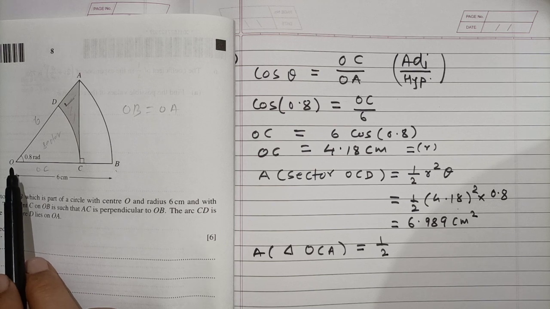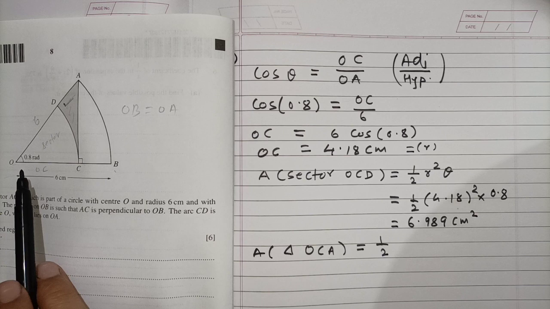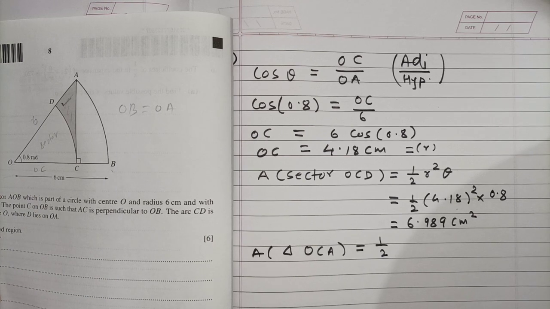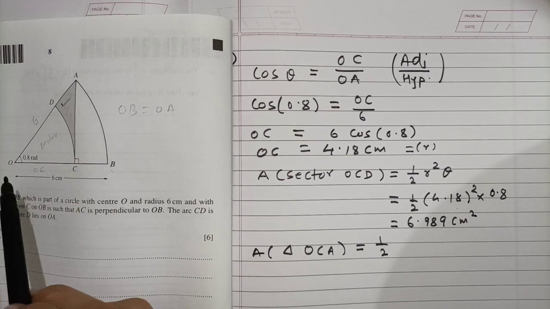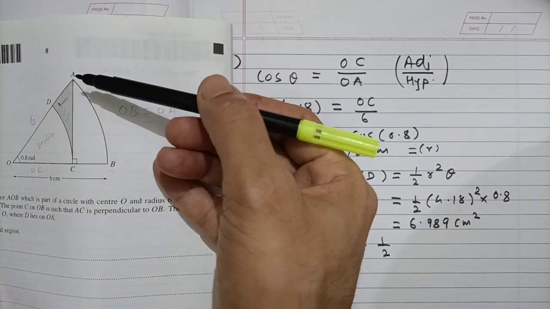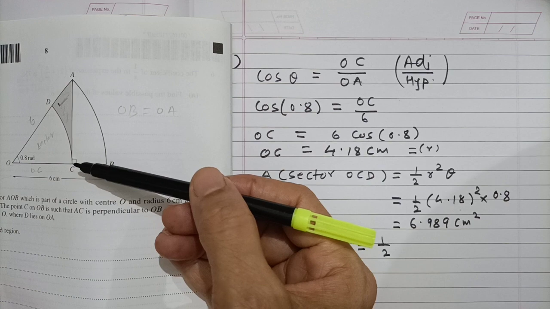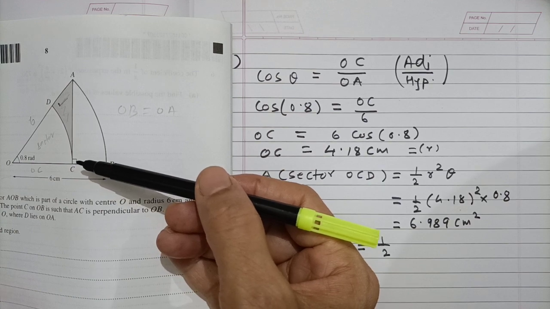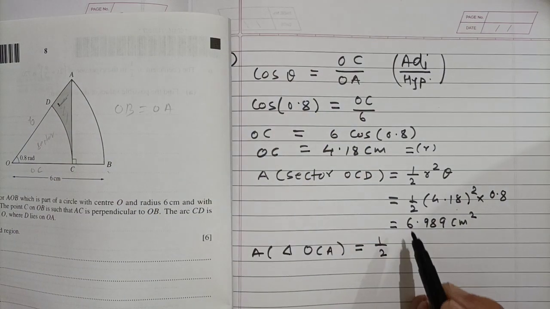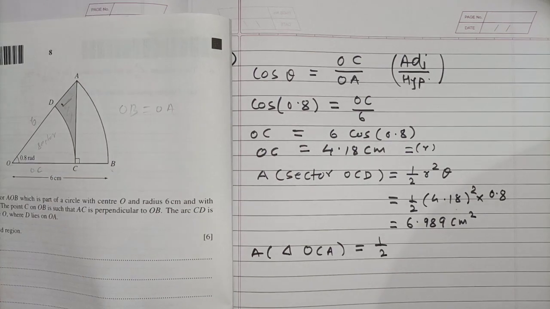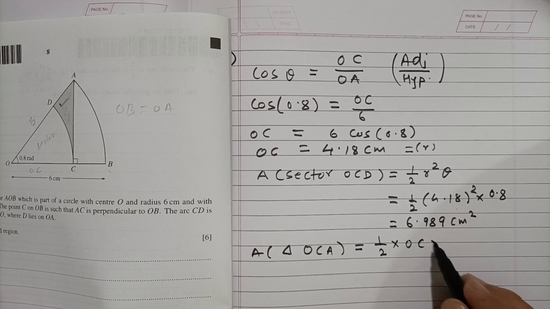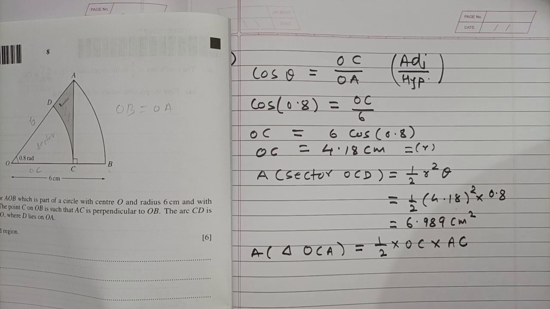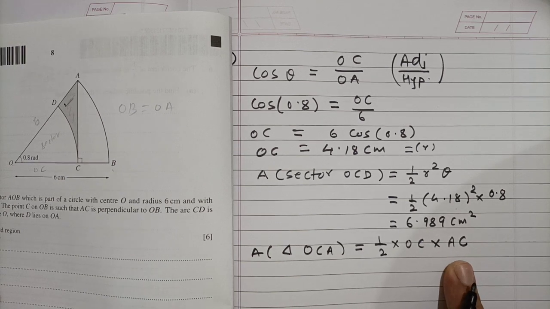In this case, the base is OC, but AC is also not given. So our first job is to find AC. So half into OC into AC, and now our job is to find AC.